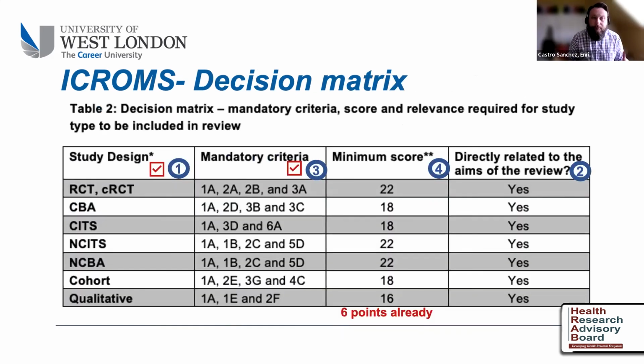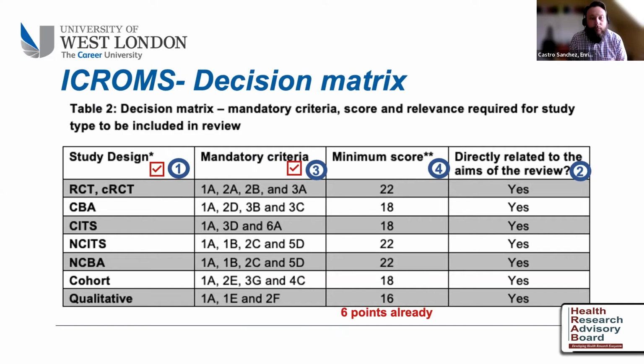So going back to our decision matrix, you see how it's very systematic. Study design, qualitative, it is in the ICROMS tool, so we can move to the next step, which is the mandatory criteria. Mandatory criteria 1A, 1E, and 2F were met. So you can see another tick box.